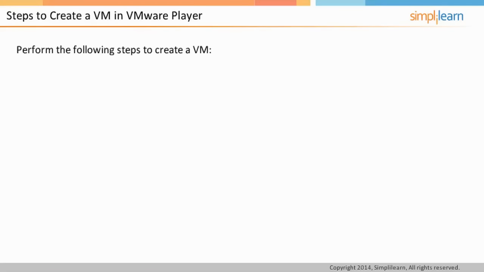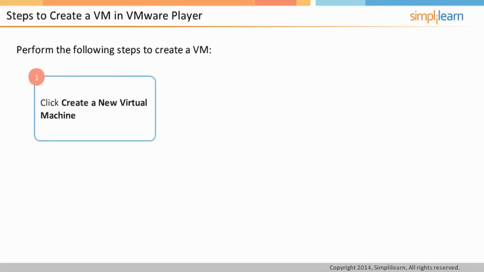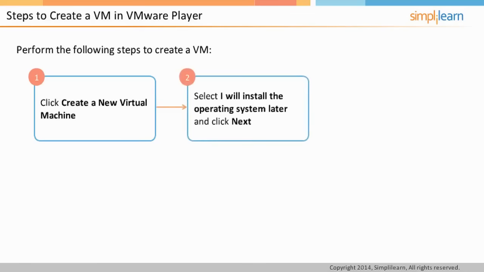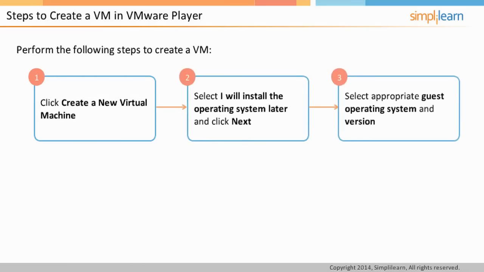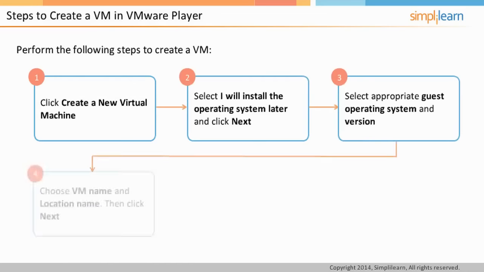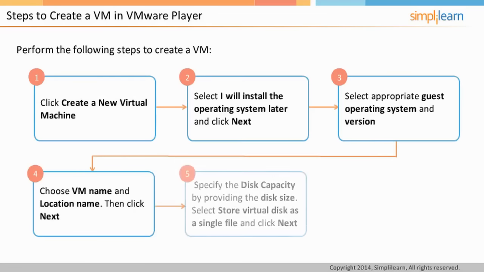Perform the steps shown on screen to create a VM in VMware Player. Click Create a new virtual machine. Select I will install the operating system later and click Next. Select the appropriate guest operating system and version. Choose VM name and location name and click Next.